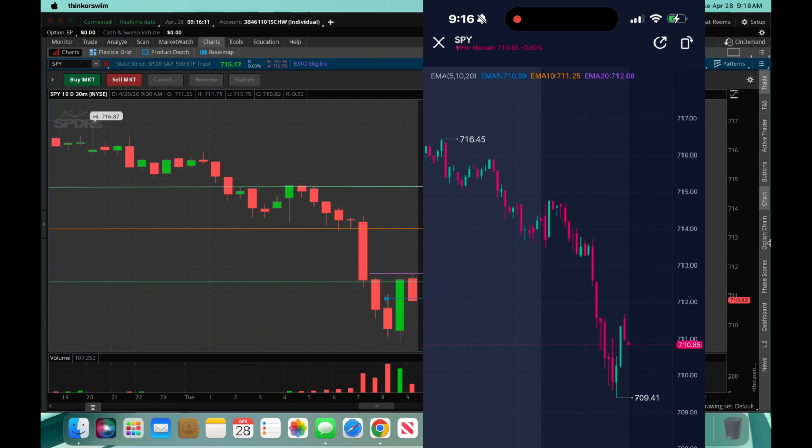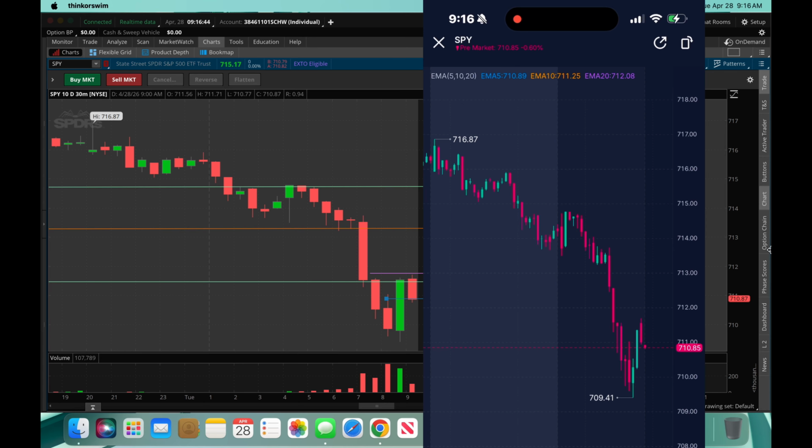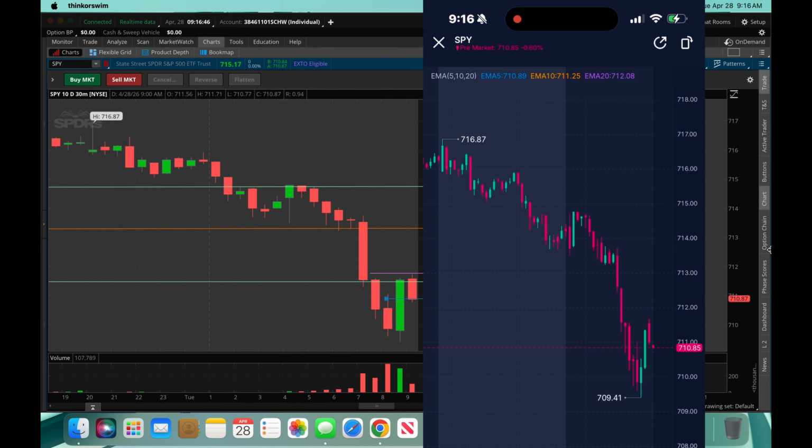So here on Webull, as you can see, everything is literally the same, y'all. And then you can see it gives you clear numbers. I like that it gives you the levels it closed at. That's what I like. So it started closing lower and lower and lower. But like I said, the high was at 716.87.